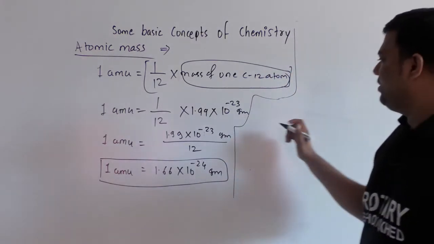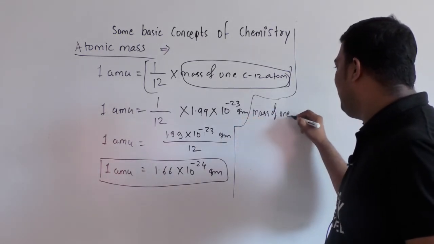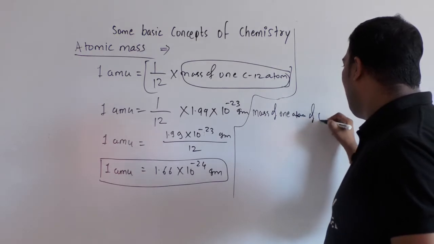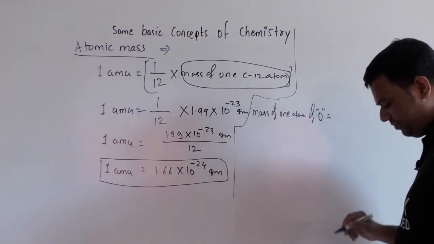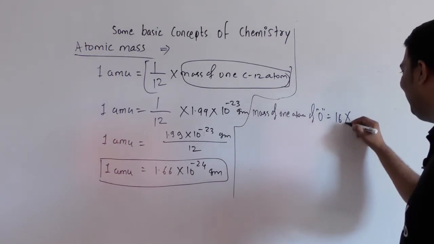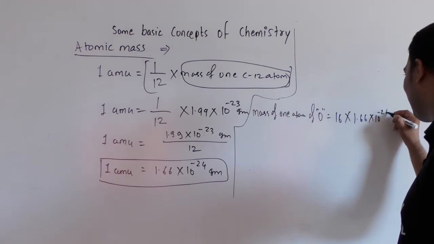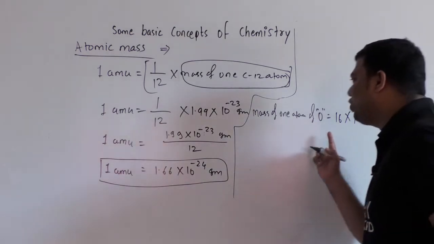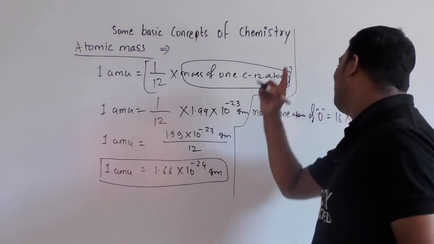Now see here, the mass of one atom of oxygen. So how will I write here? Yes, very good. 16 into 1.66 into 10 raised to minus 24 gram. After solving you will get the mass of one atom of oxygen.